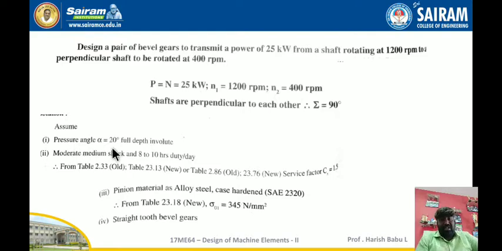Assuming the pressure angle alpha as 20 degree full depth involute, moderate shock and 8 to 10 hours duty, from table 23.13 I can get the service factor as 1.5. The pinion material is alloy steel, case hardened, so allowable stress will be 345 N/mm square. We want to consider a straight tooth bevel gear.